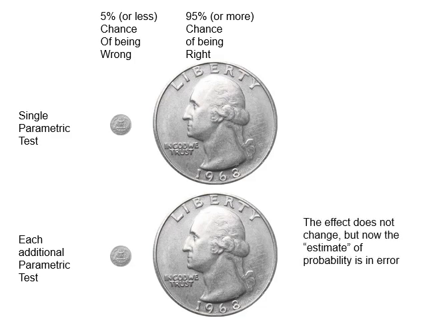So the effect does not change, but now your estimate of probability across all tests in your sample is being underestimated. There's a greater chance that at least one of your results is actually incorrect when it's claiming correct, and you can no longer claim that across all of your tests you only have a 5% chance of being wrong. You have a 5% chance of being wrong in each individual test. Collectively, you may have a greater chance of being wrong somewhere.